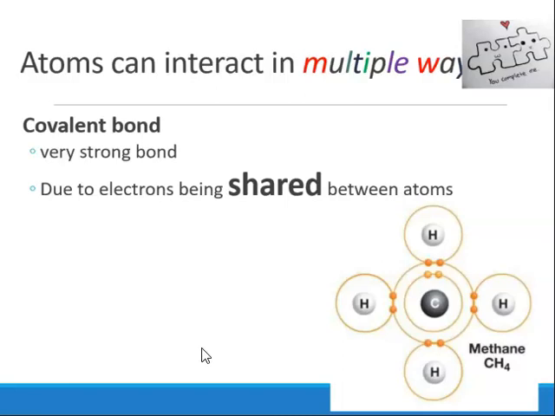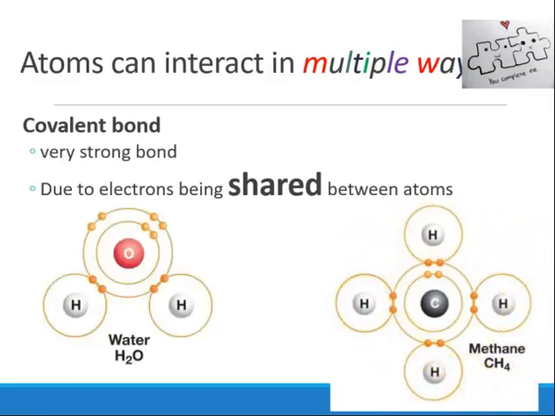Examples of covalent bonds where we see sharing of electrons include methane, where the structure is CH4, so we have one atom of carbon and 4 of hydrogen. And of course, water. Water is an example of a covalent bond, where we have two atoms of hydrogen and 1 of oxygen.